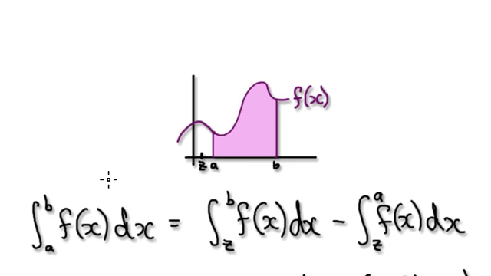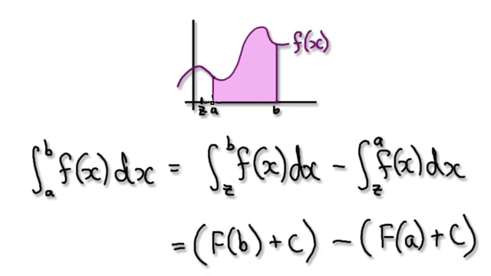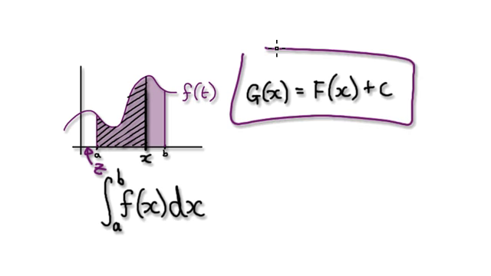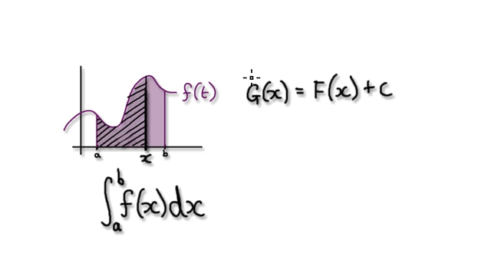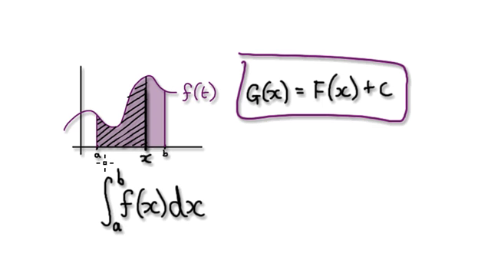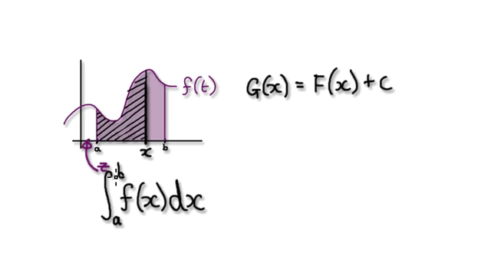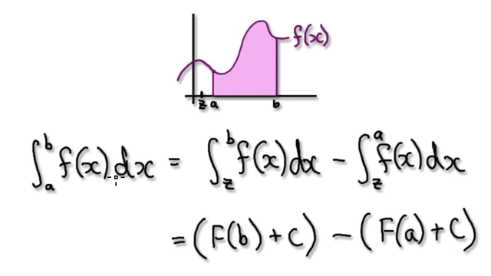Remember, going back to here, this is saying that we can work out from one point to another, wherever x may be, by simply finding the antiderivative plus a constant. This area is from A to x. So we create a point Z.